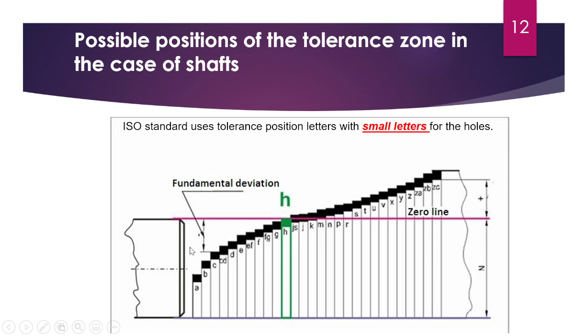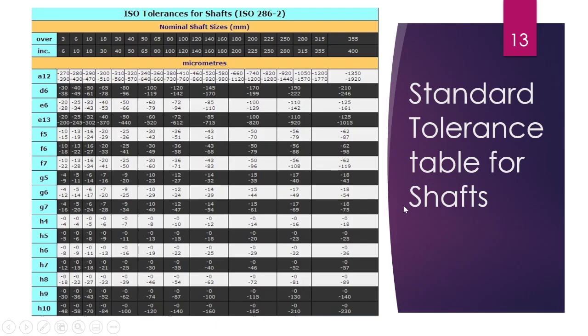And these are the possible positions of tolerance: on the zero line, lower or above. And this is the same table as for holes, but here for shafts, and you can see small letters, and the numbers are the grade of accuracy, or IT, the international tolerance grade.